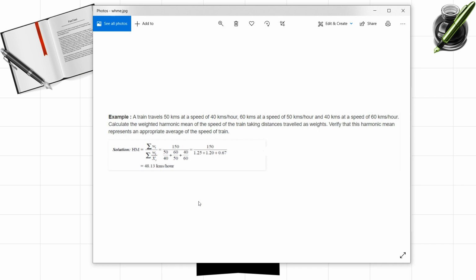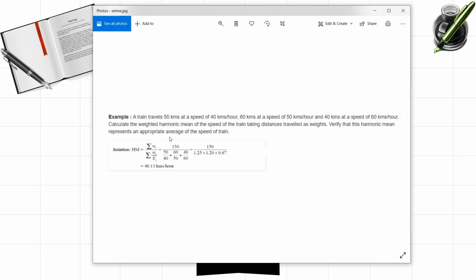And here we are going to substitute all those values into the formula. First of all, find out the total of weights, that is 50 plus 60 plus 40, which is 150. And then find out the ratios of weights to the corresponding velocities. That is 50 divided by 40, 60 divided by 50, 40 divided by 60.